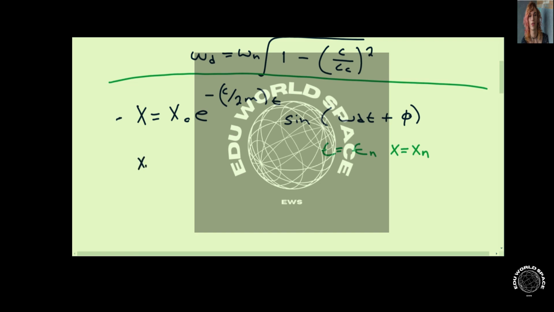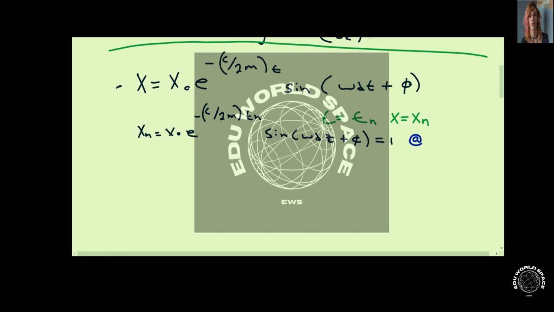So we have xn equals x naught e to the minus c over 2m tn times sine of w d tn plus phi, and we're going to have this equal to 1. This is going to be a. And now we want to do the maximum displacement.